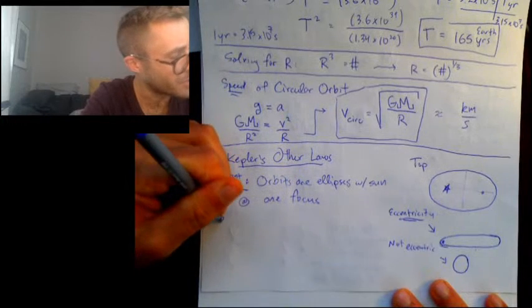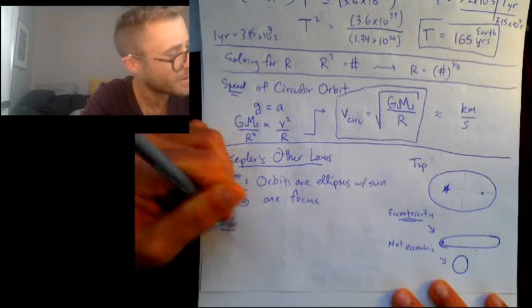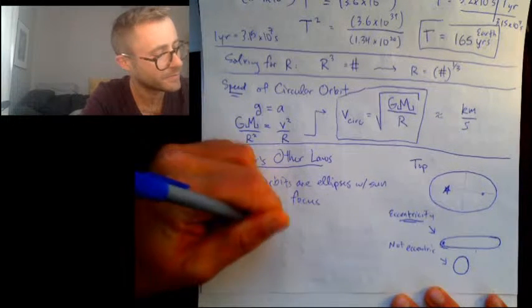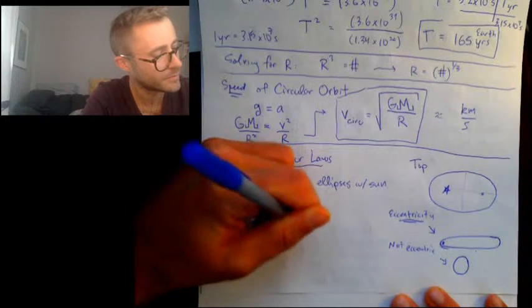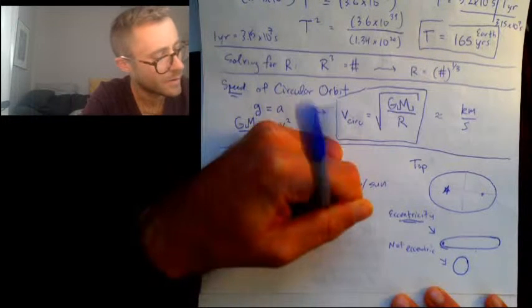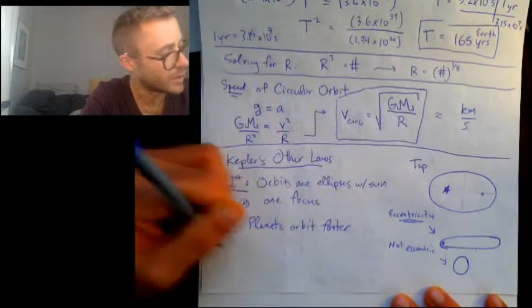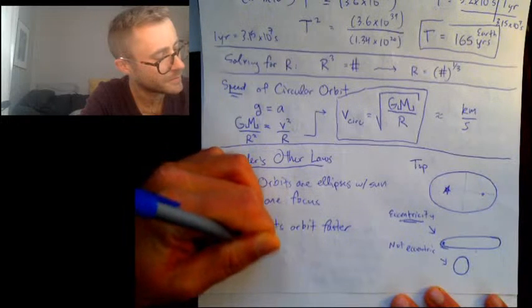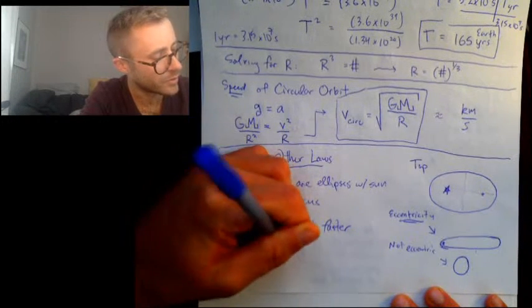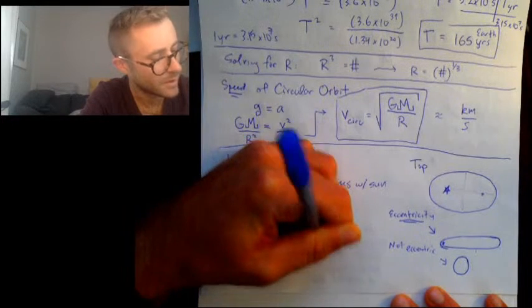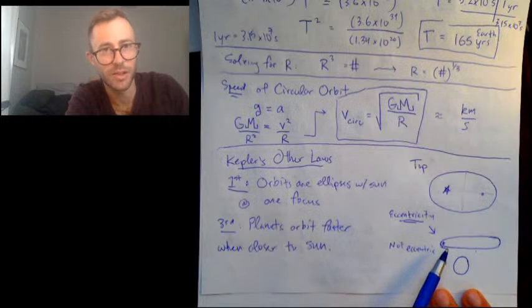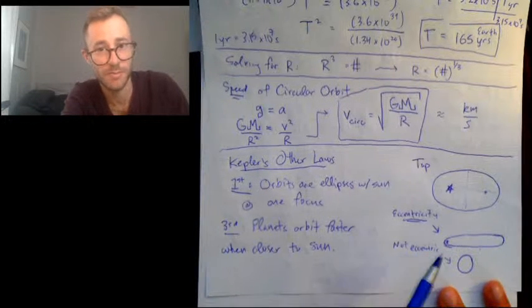Kepler also has a third law, which says that planets orbit faster when closer to the sun. Okay? Same thing with comets and everything. So this is particularly true for comets.